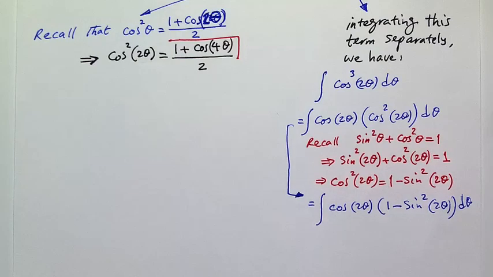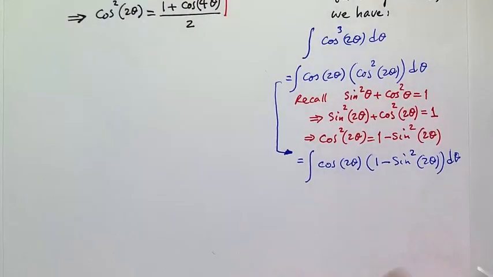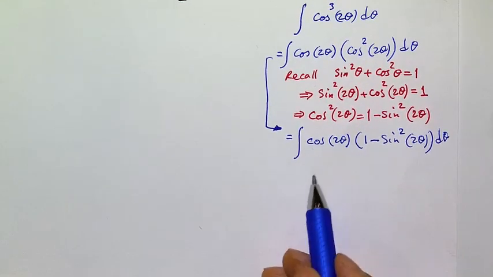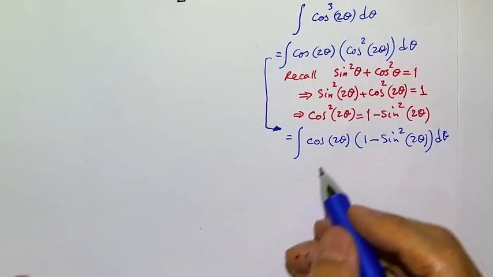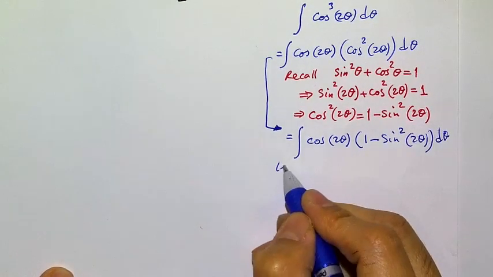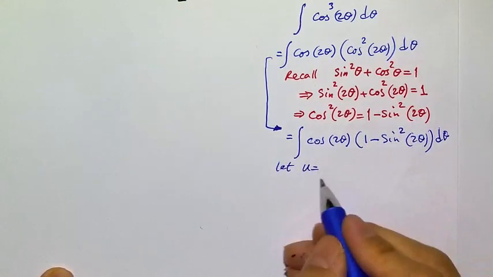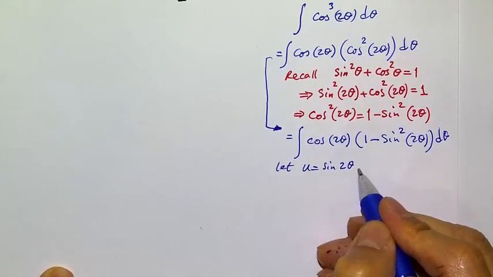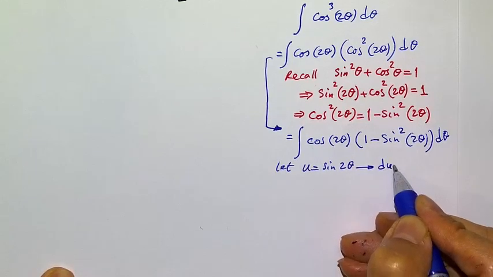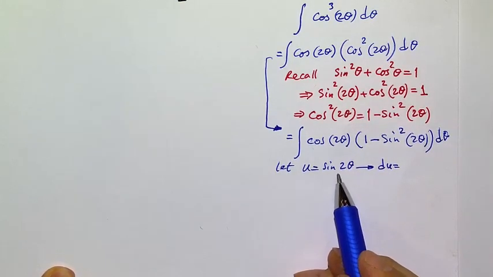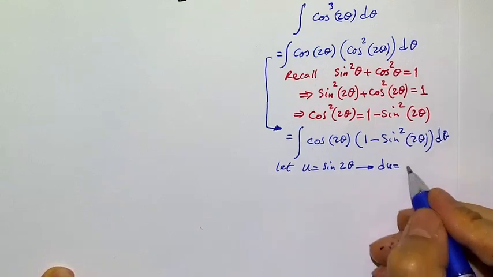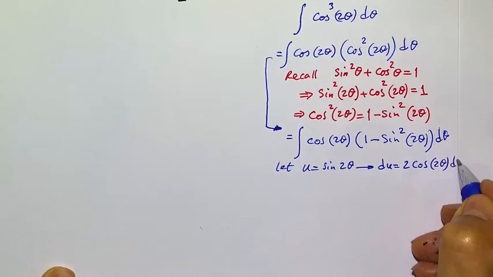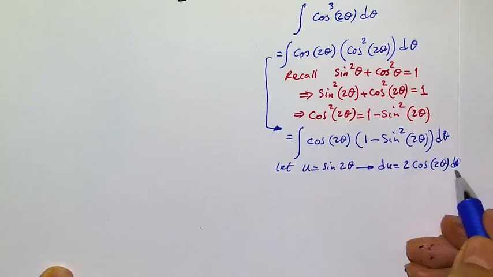Now let us use the substitution method here. Let u be sine 2 theta. And then du is going to be 2 times cosine 2 theta d theta. That's d theta, sorry.